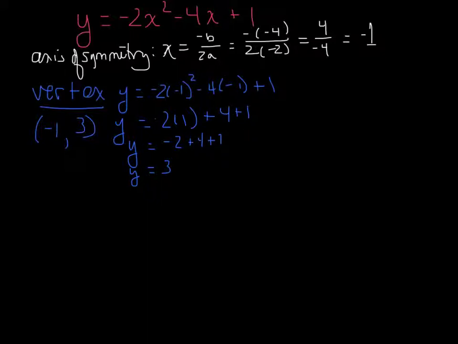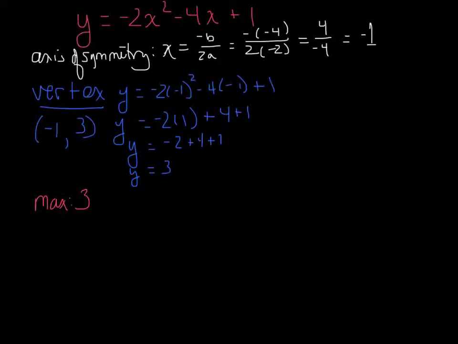Because my a value right here is negative, I am going to have a maximum. And my maximum is always going to be the y value of my vertex, so my maximum value is 3.